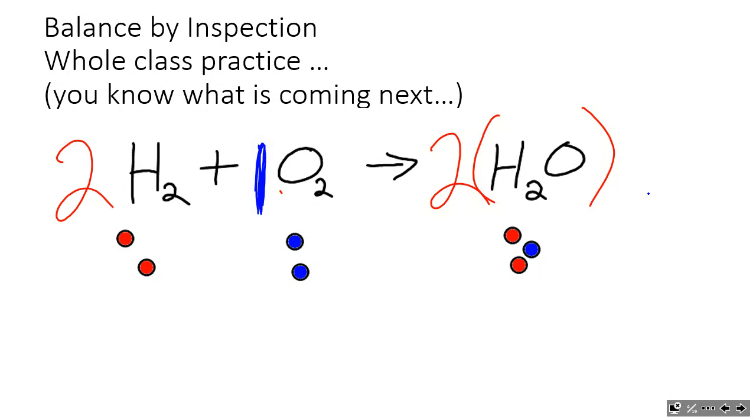On exams or when we're doing this creative, do you want us to put the 1 there? Not unless I explicitly ask for it, and the way that I might explicitly ask for it is what's the coefficient for it? But if you're just balancing this, you put a 2 in front of the hydrogen and a 2 in front of the water, that's fine.